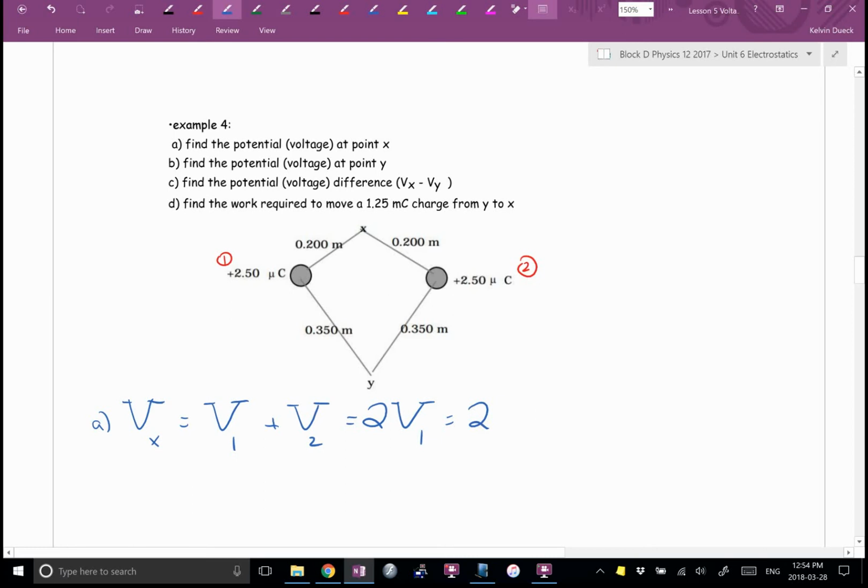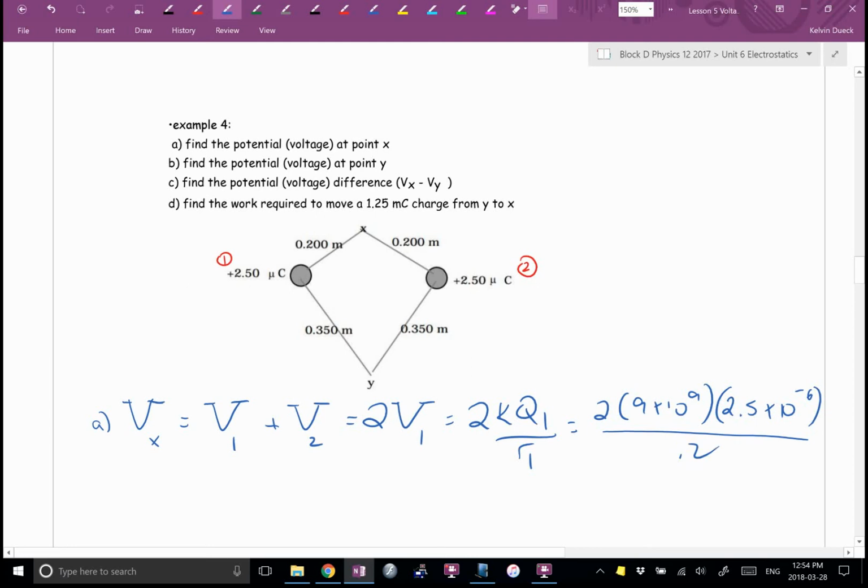Kevin, can you read to me the voltage equation with the R in it? I know it has to have the one with the R in it because they gave me a distance. kQ1 over R1. So it's going to be 2, times 9 times 10 to the 9, times 2.5 microcoulombs positive. So 2.5 times 10 to the negative 6 all over 0.2.